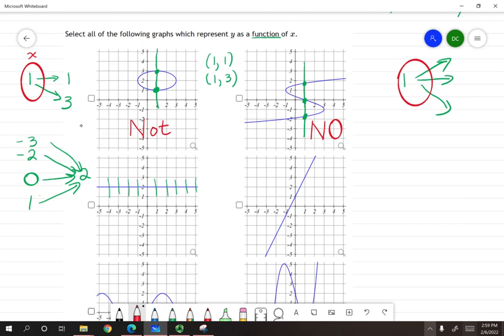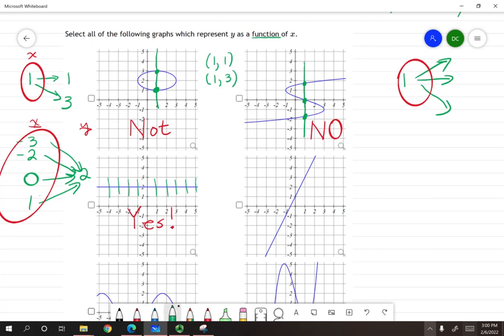Don't look at what's happening with the y values. Look at what is happening with the x values. Do I have only one paired value for all of these x's? Yes, they all go to only one value. Every input, -3, -2, 0, 1, goes to one and only one value. That means that this is a function. In addition, it passes the vertical line test.